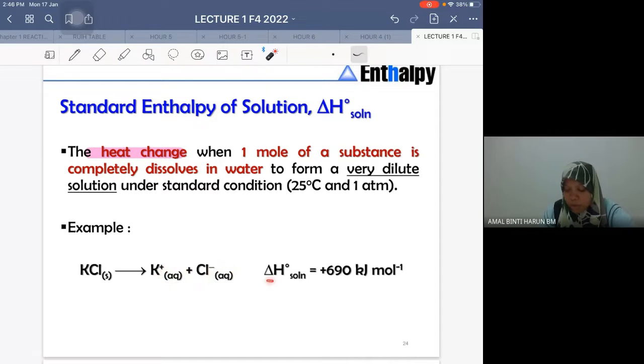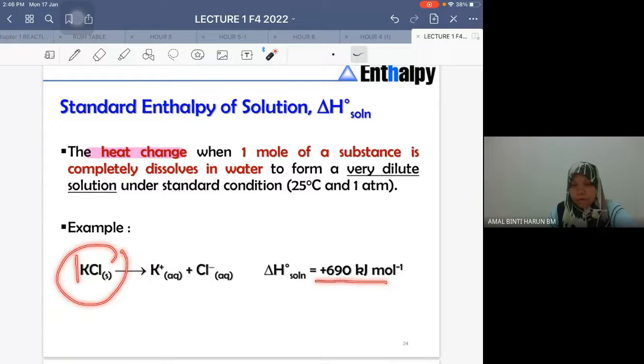So heat change for the solution is positive 690. Maksudnya bila 1 mole KCl dilarutkan di dalam air, dia akan absorb heat sebanyak 690 kilojoule bila 1 mole.